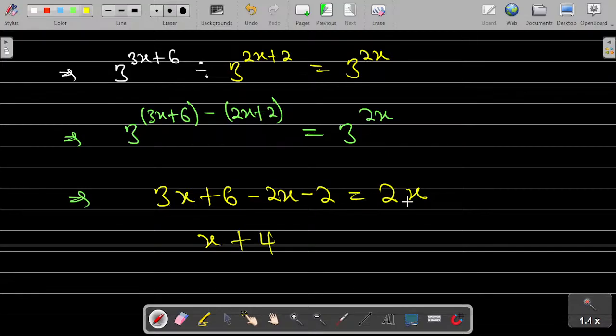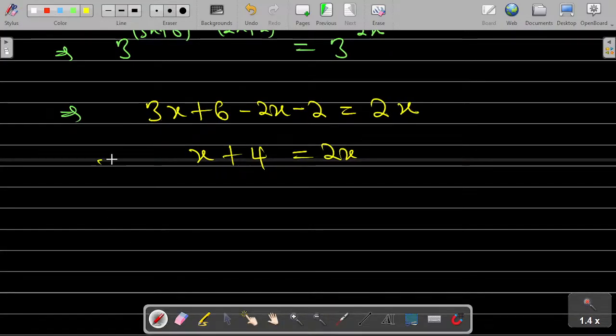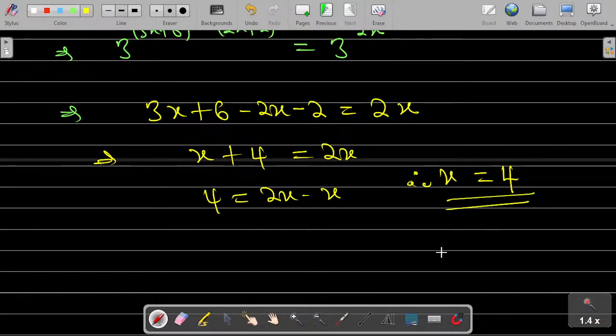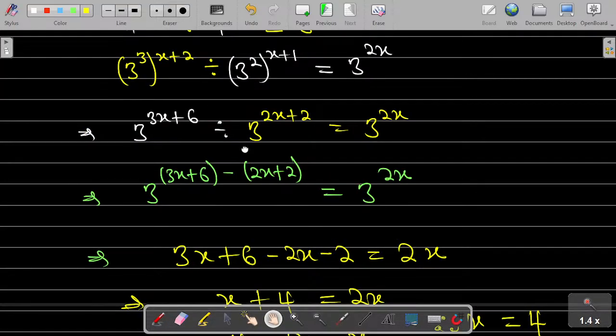This x should have actually come over this way, but we can as well take the other one to the other side. So if we take one x to the other side, we'll have that 4 is equal to 2x minus x, and therefore our x alone, because 2x minus x is x, is equal to 4. And that is the solution to that problem, which happens to be the fifth.